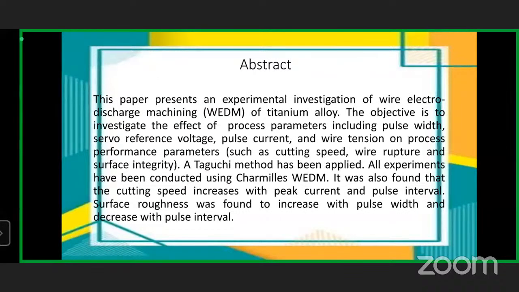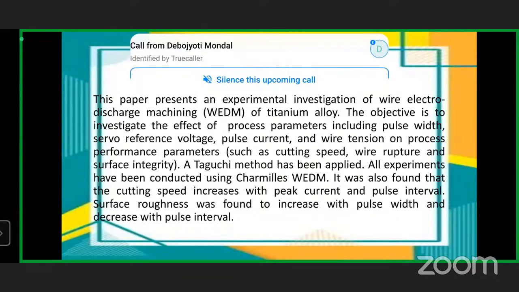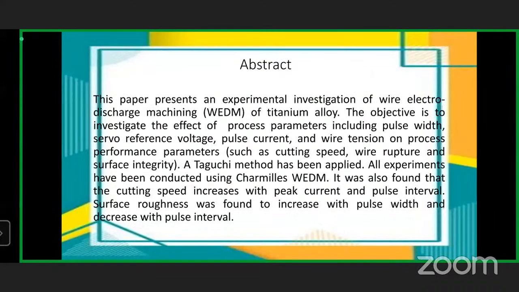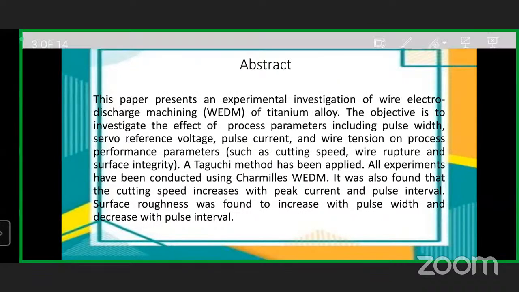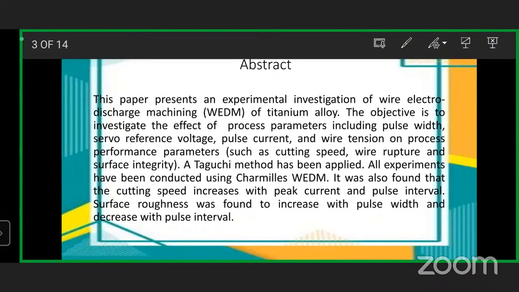The abstract of this paper: this paper presents an experimental investigation of wire electrical discharge machining of titanium alloy. The objective is to investigate the effect of process parameters including pulse width, servo reference voltage, pulse current, and wire tension on performance measures such as cutting speed, wire rupture, and surface integrity.